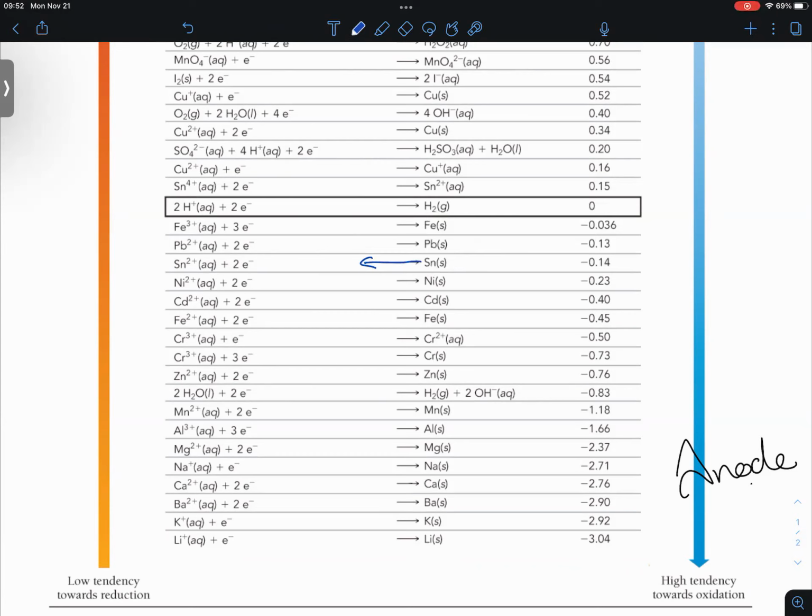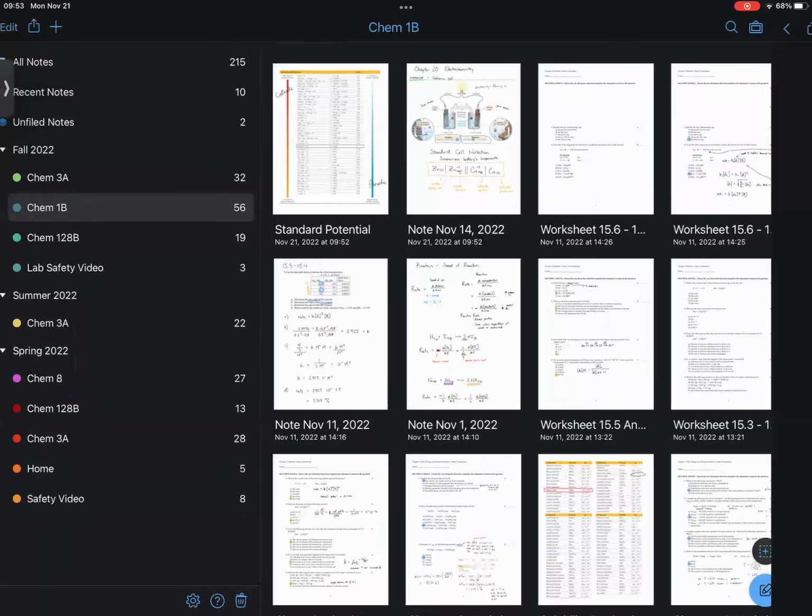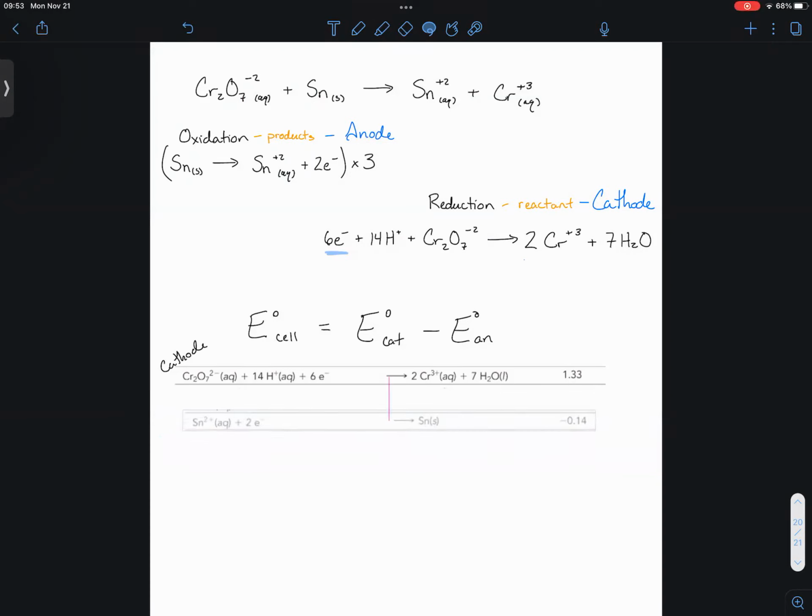So when we go hunting for our oxidation reaction, we're going to have to look the other way. All right, so here's the anode.